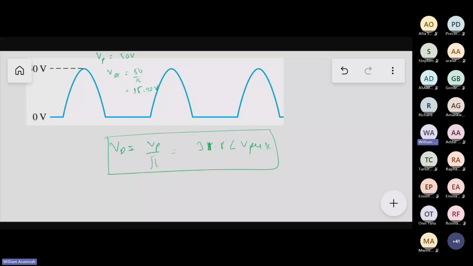Great. Now, let's look at the second question, which is very important. Because the 50 volt is the 1N4001, which is a signal diode.